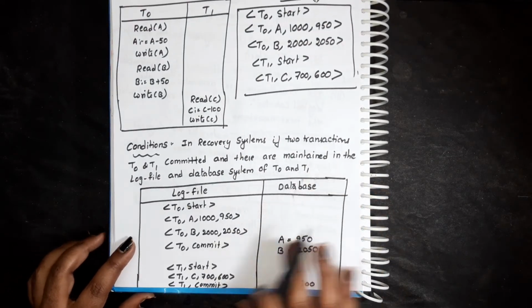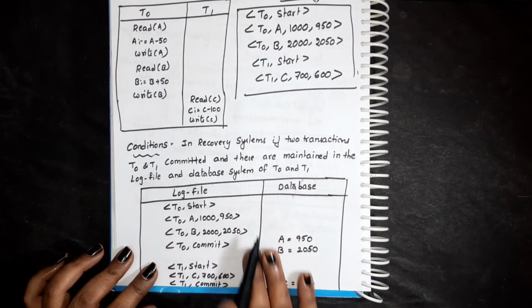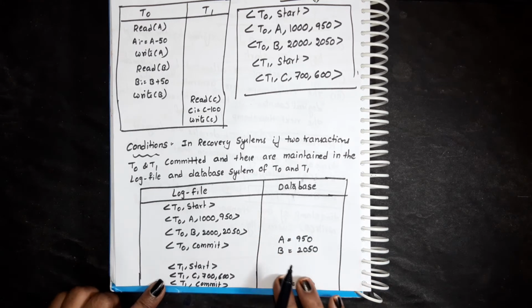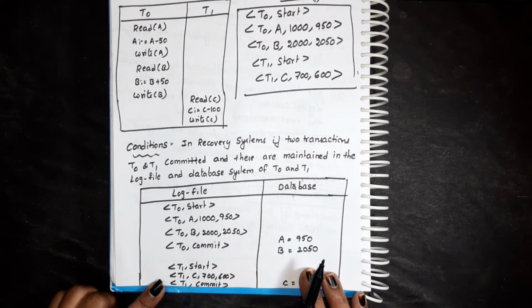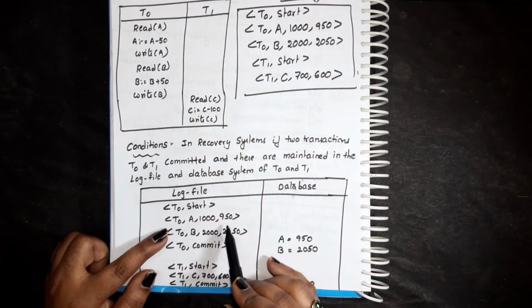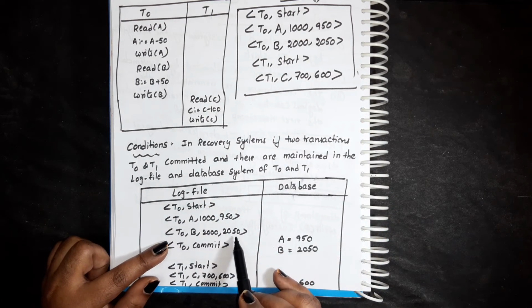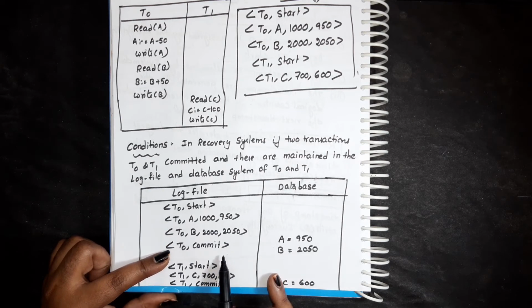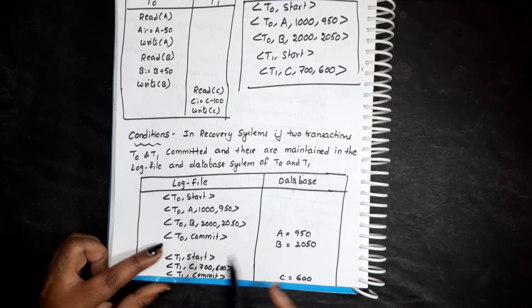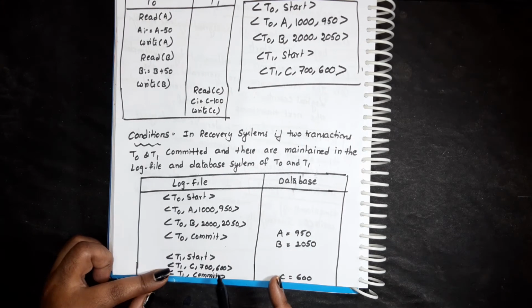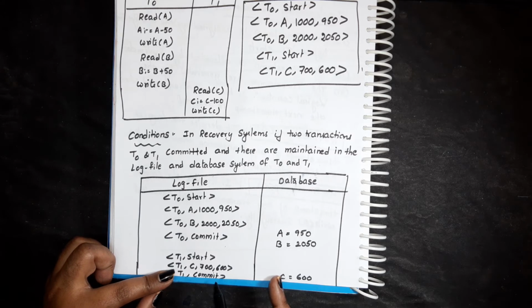Then, what are the conditions, and when will the transaction be committed, and what is the status of the database in the values of account A and account B? You should see the same being created: T0 starts, the initial value of A and the initial value of B, and after performing the write operation, let us take that the T0 transaction commits. Immediately after the T0 transaction, the T1 transaction starts and executes, and T1 also commits.